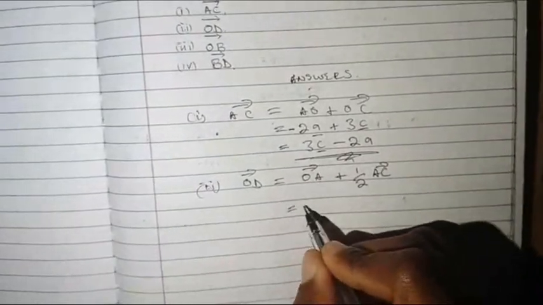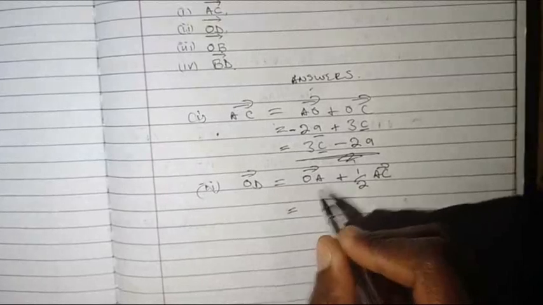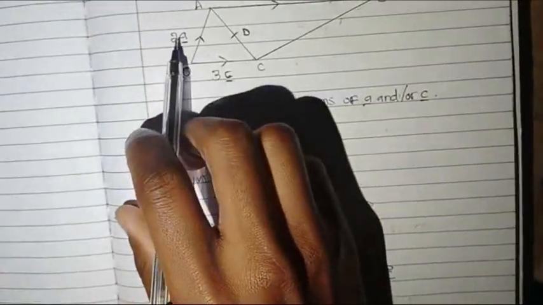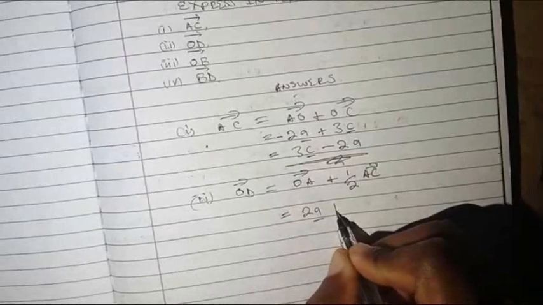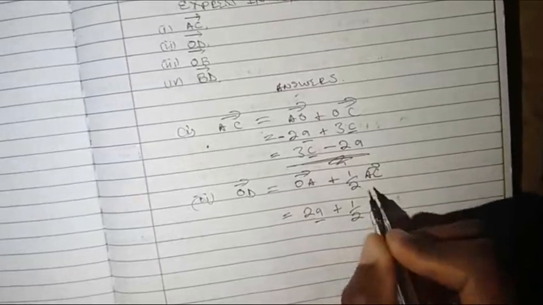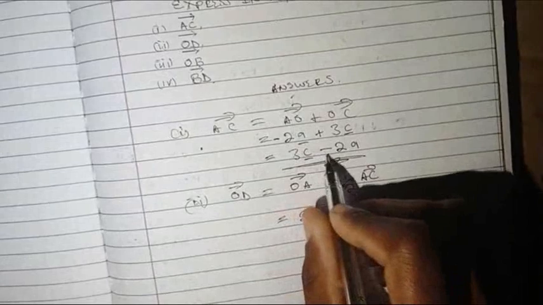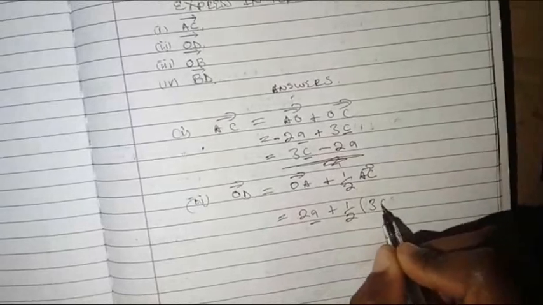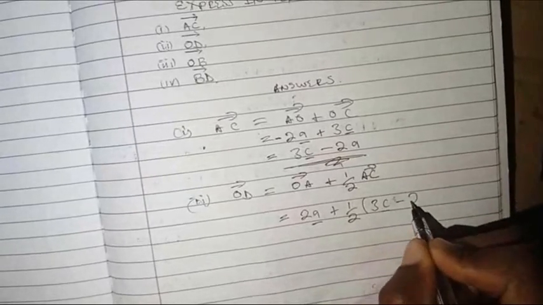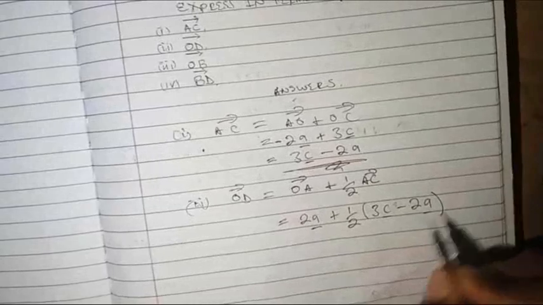Then we're going to equate it. What is OA? OA, if we look at it, is 2a. So it's going to be 2a plus half of AC. We have already found AC. We're just going to say AC is 3c minus 2a, as you can see.